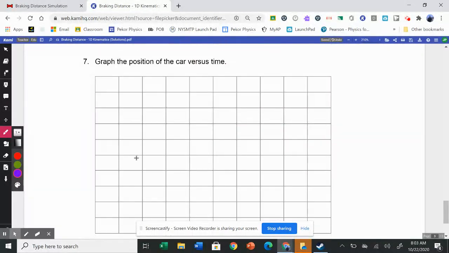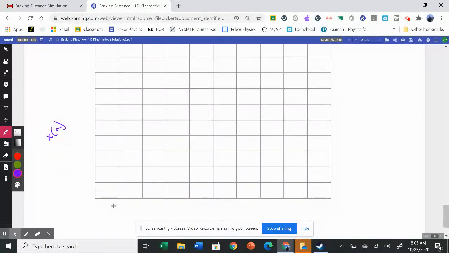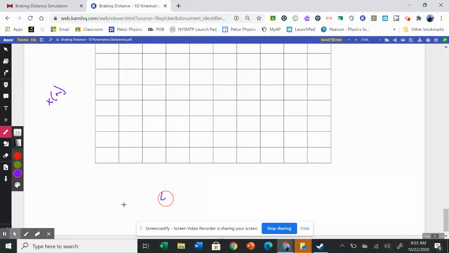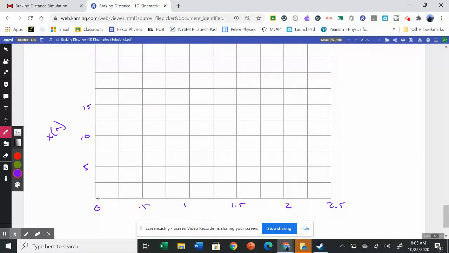My position versus time graph, I'll use the same time axis. And my position, I'll go 5, 10, 15, 20, and that should be fine. I know at 0.2 seconds, I had gone a distance of 3 meters, so that would be right here.